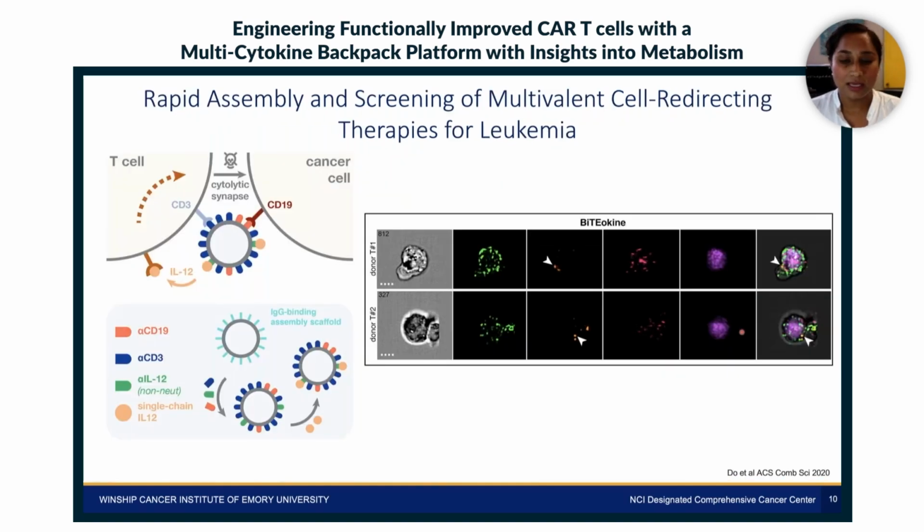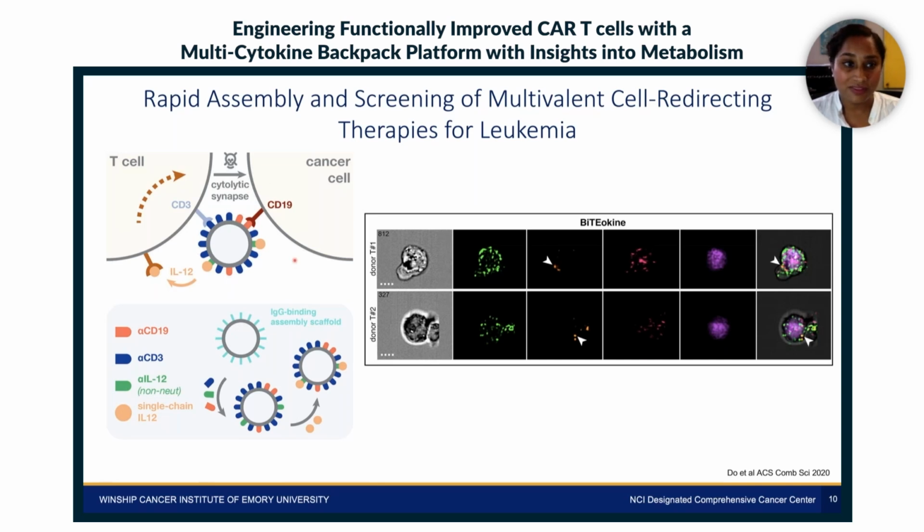Knowing this, we worked with a collaborator, Dr. Eric Dreden at Georgia Tech, who had a technology in which he could rapidly assemble and screen multivalent cell-directing therapies for leukemia. His lab was exploring ways in which antibody-coated particles could bridge T cells and tumor cells and also deliver cytokines to the T cells to improve their cytotoxic potential.